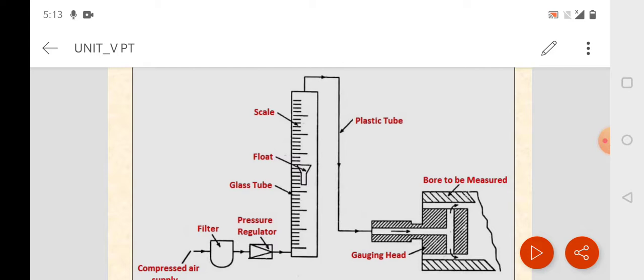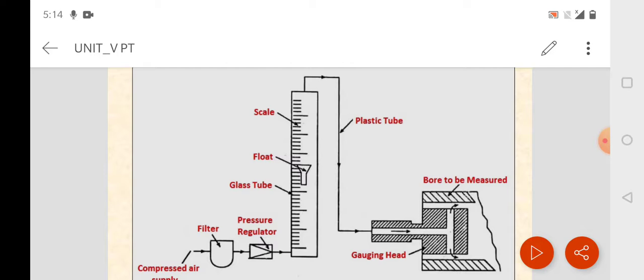Then with continuous air supply at the same pressure, the other workpieces are tested, and we can see the variation in the movement of the float, whether the quantity of air escaping is increasing or decreasing. That will give you the idea of the internal dimensions of these cylinders or various workpieces.